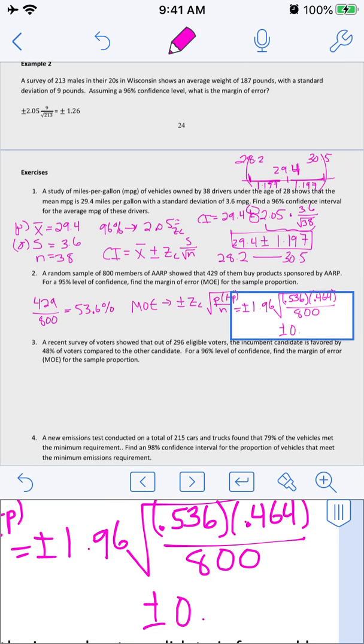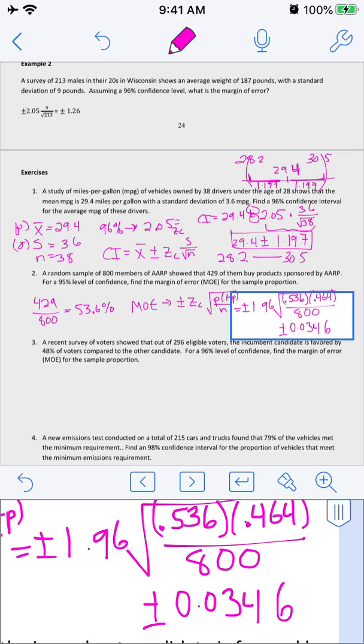Plus or minus 0.03, well, actually, we'd round to 346. So what the heck did we just find? We found that we're saying it's 53.6%, give or take about 3%. Okay? Give or take about 0.03. So give or take about 3.46%.